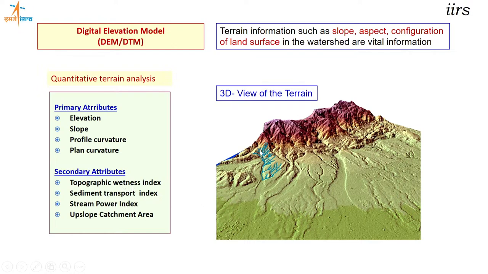You can also generate a 3D view of your terrain that helps in studying the soil physiographic unit or landscape unit. If you have it this way, then very easily you can map your topographic information for physiographic analysis.